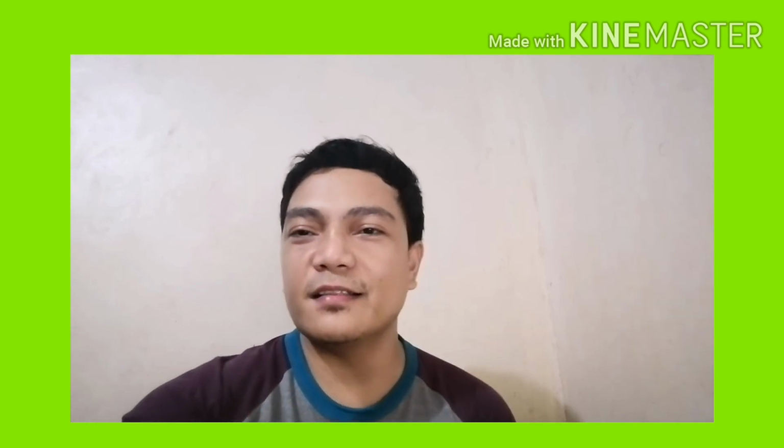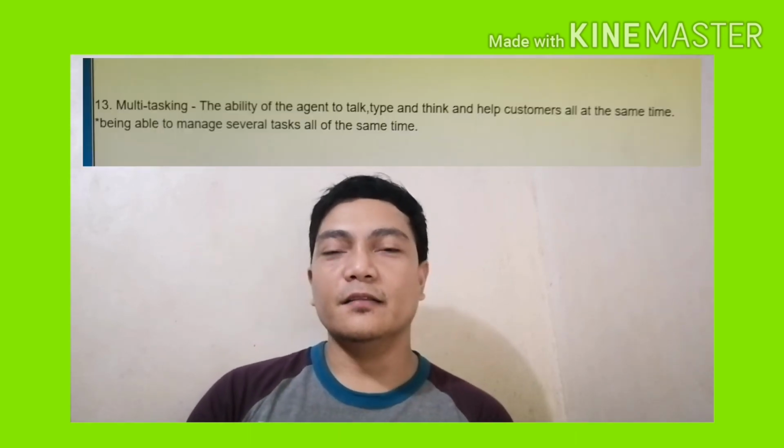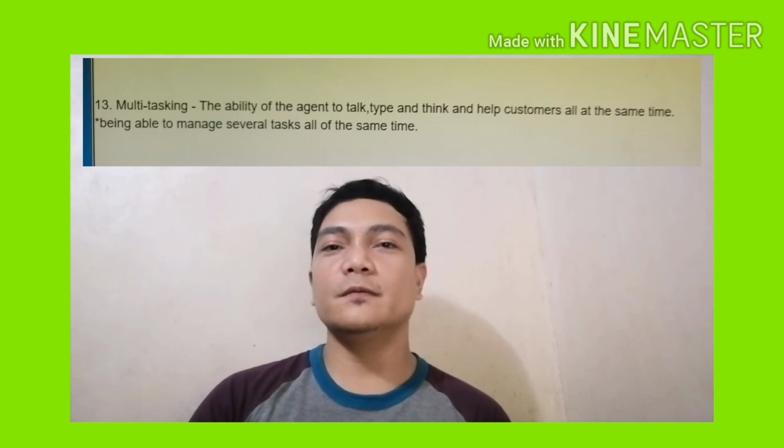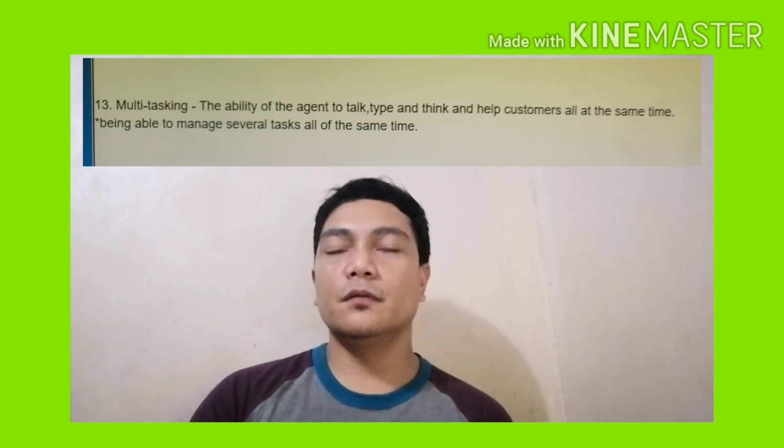Then last but not the least would be yung multitasking. This actually, I would say, one of the most important characteristics or skills na dapat meron yung INT.